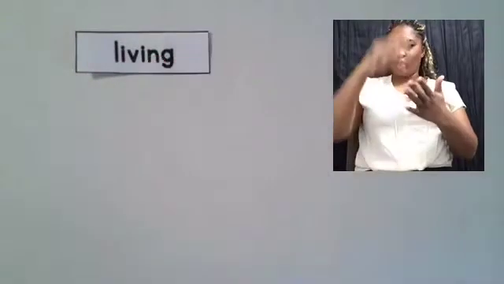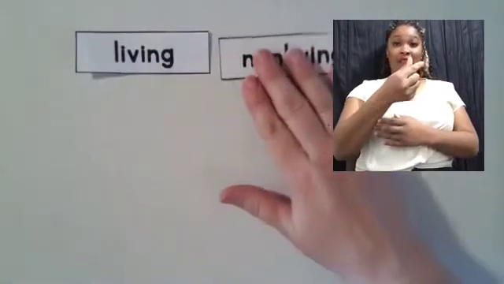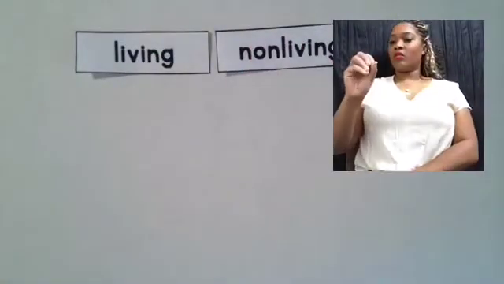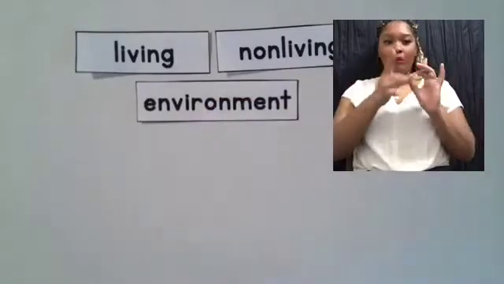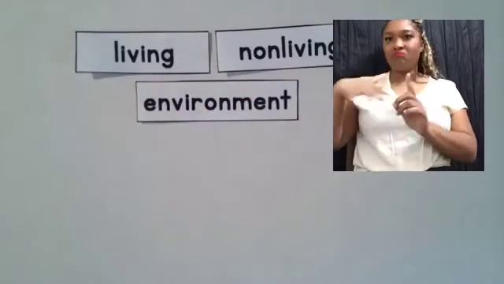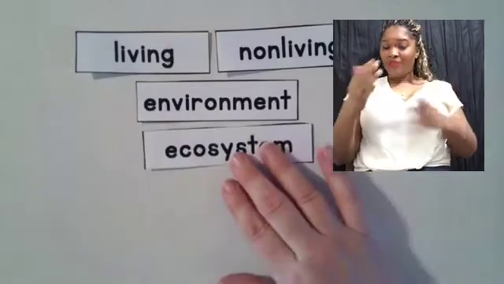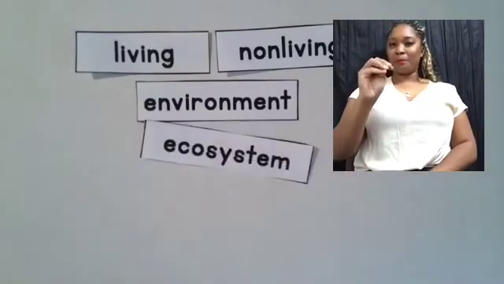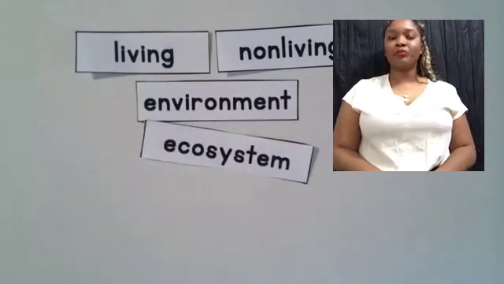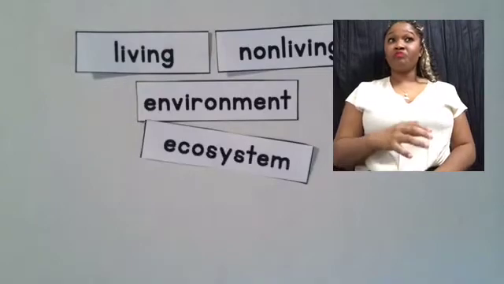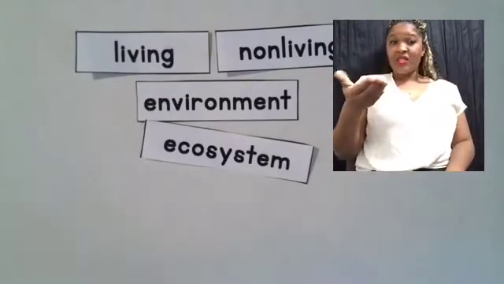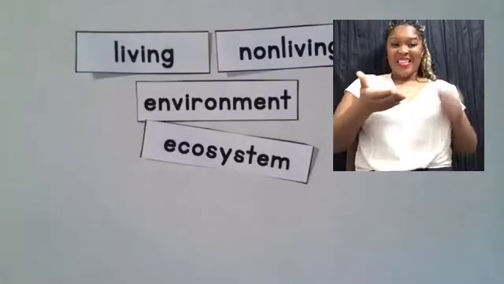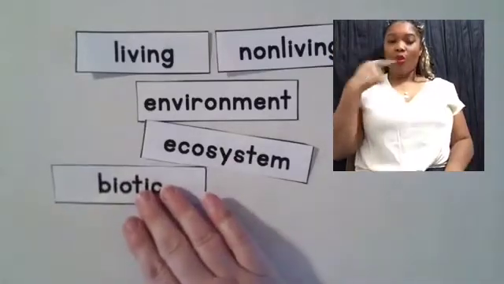We have been learning how living and non-living things interact in an environment. And that is called an ecosystem. We have learned that living things, or things that were once alive, are called biotic.